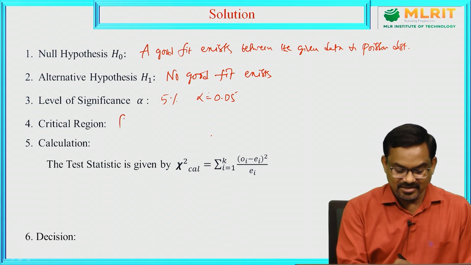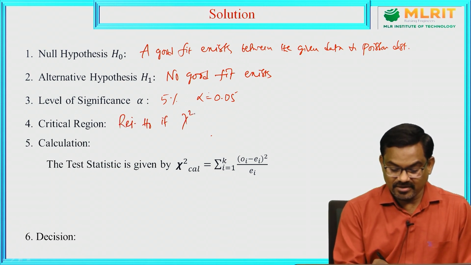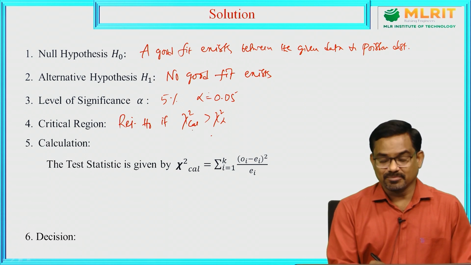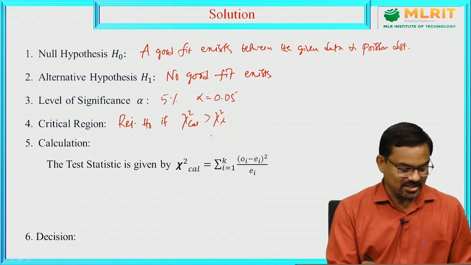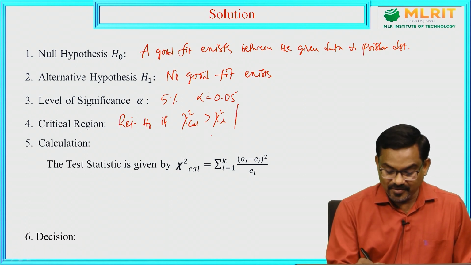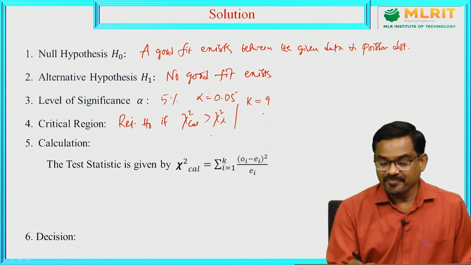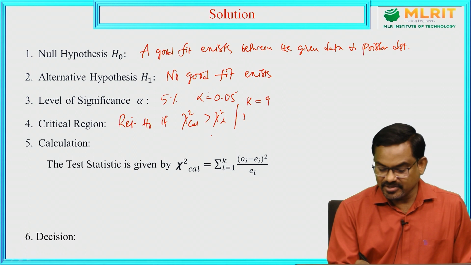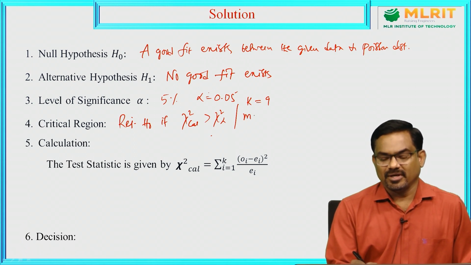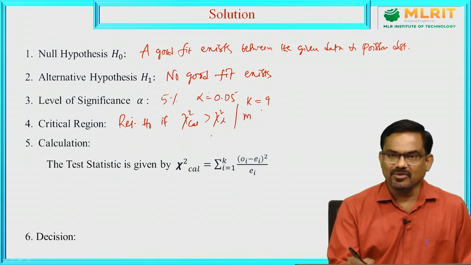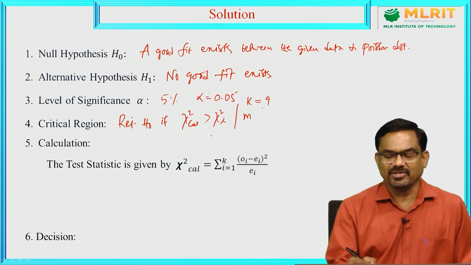Critical region: reject H naught if chi-square calculated is greater than chi-square alpha. If the chi-square calculated value is more than the tabular value, we can reject the null hypothesis. Here the total number of values k is 9, and lambda is the parameter used in Poisson distribution, which we calculated first to find the expected frequencies.